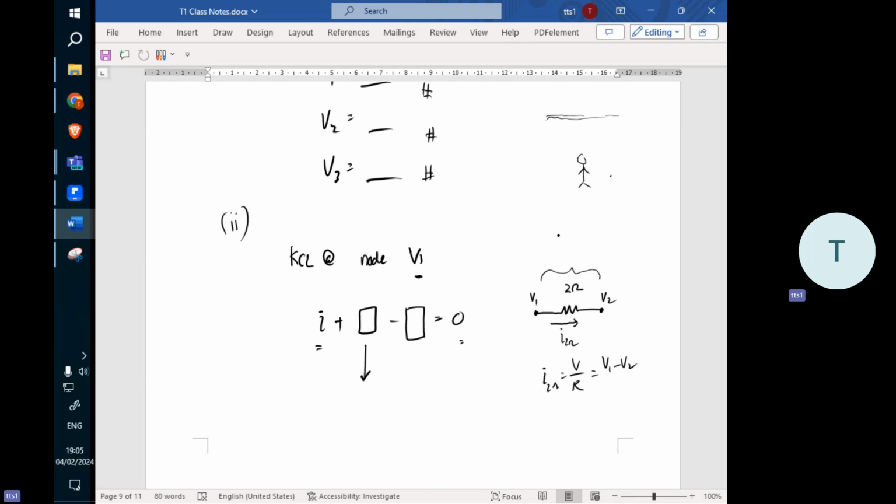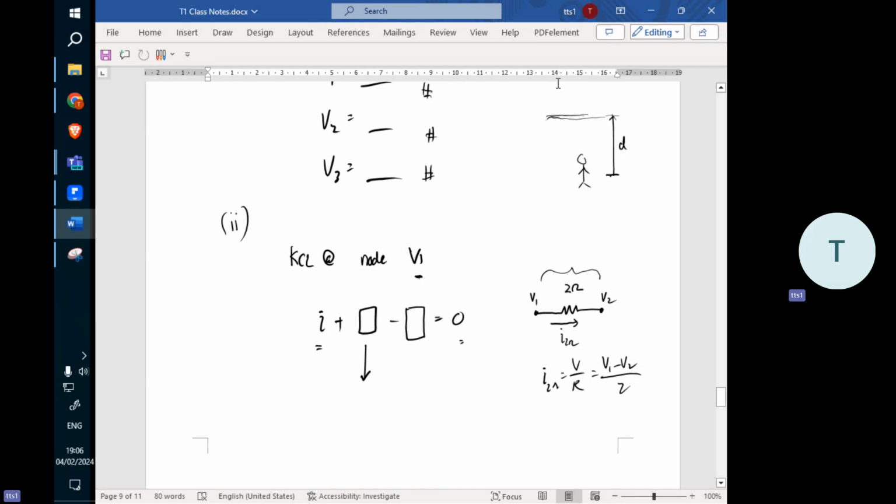You need to determine the total depth of the water, and also calculate the pressure at the surface and the pressure inside your body, to find the total pressure that you need to handle. Just like this, you cannot just take this voltage alone. You need to take both to measure the voltage suffered by this 2 ohm. So this must be V1 minus V2 divided by 2, right? So you expand this one just like that for these two currents.